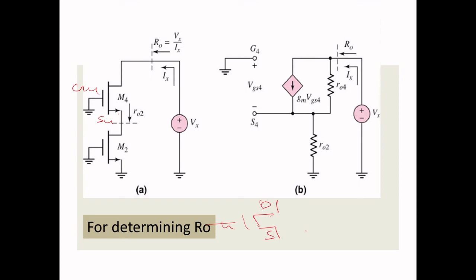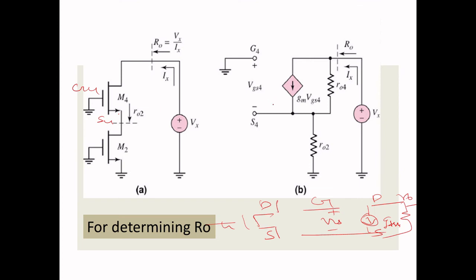If you draw the equivalent circuit, you will have a gate, drain and source. This is your VGS and this is your gm VGS4, plus here you have a resistance. The same model you want to represent here.